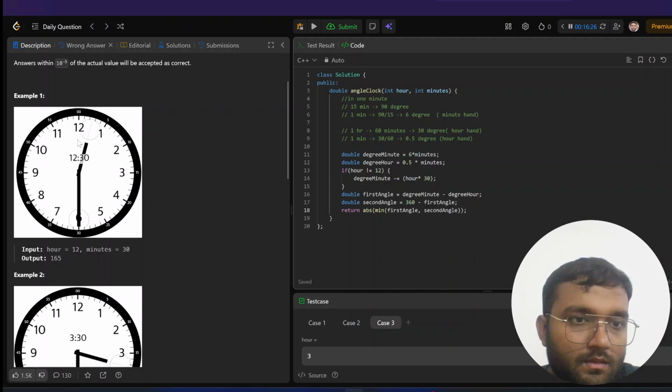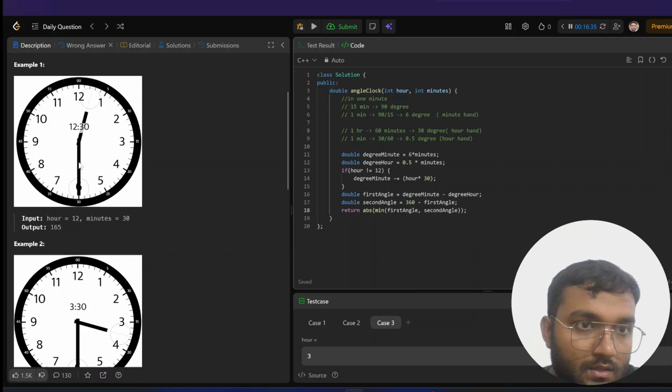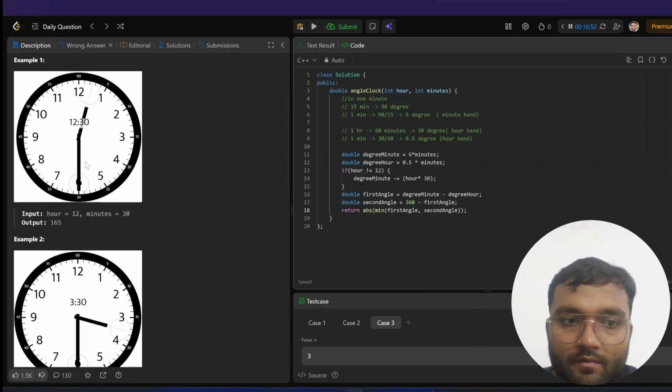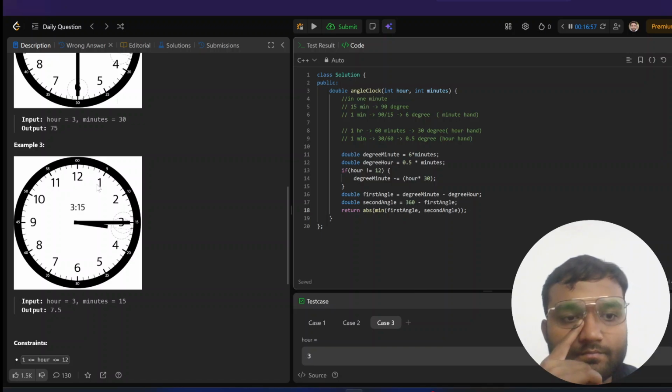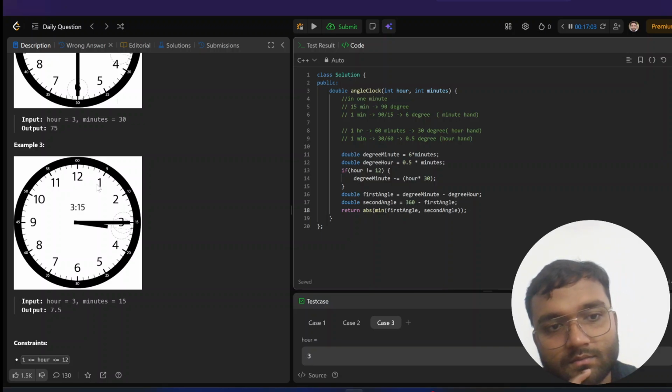What if I make 12 our absolute point and calculate the total degree movement of the minute hand from the 12 and the total degree movement of the hour hand from the 12, and then subtract the movement of the minute from the movement of the hour, and I can take the absolute value.